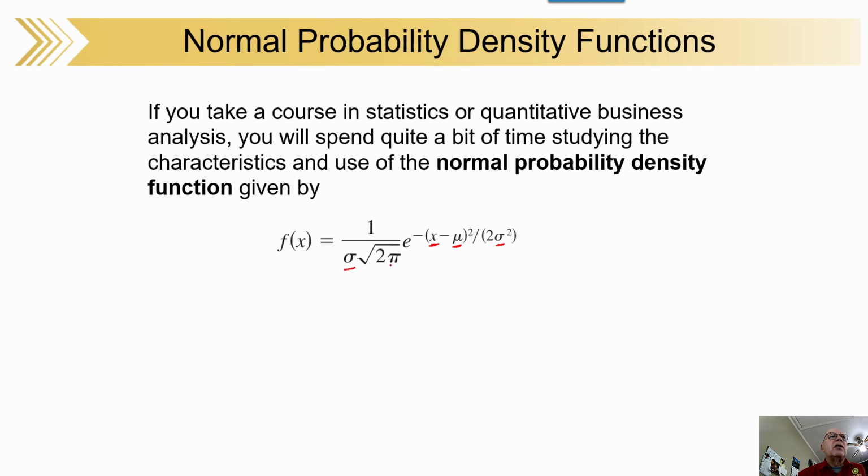Pi is a constant. All these things are constant. This is the normal probability distribution function for some statistics that have a mean of mu and a standard deviation of sigma.